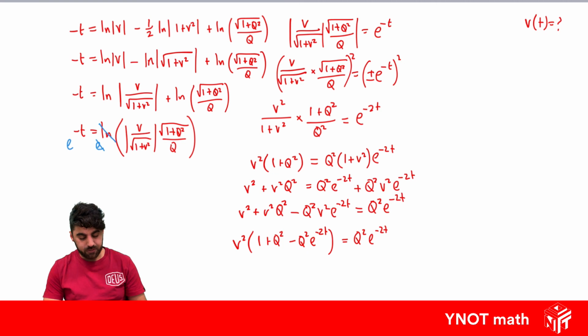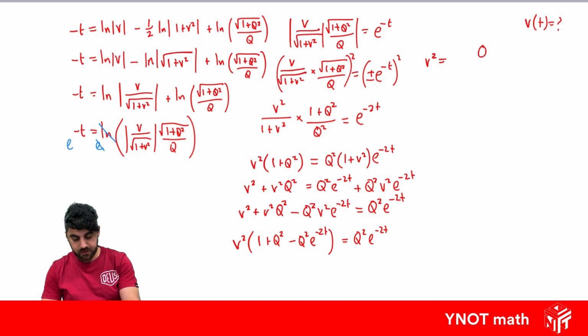Let's go ahead and divide both sides by this bracket. So we're going to get v squared equals q squared e to the minus 2t all over 1 plus q squared minus q squared e to the minus 2t.